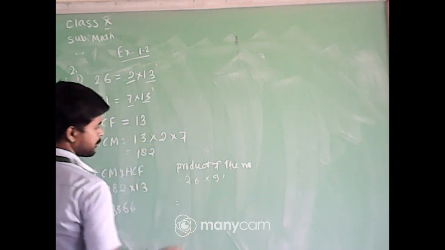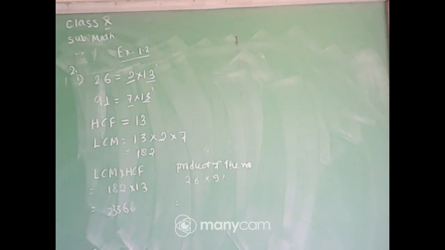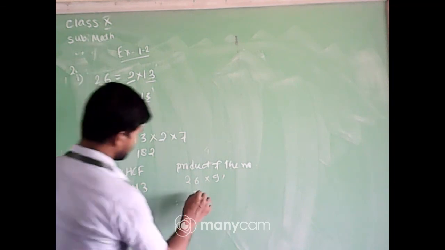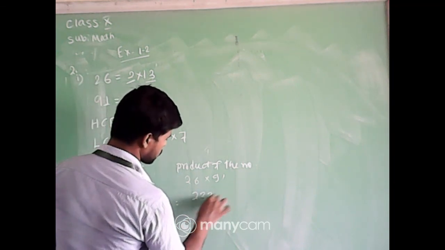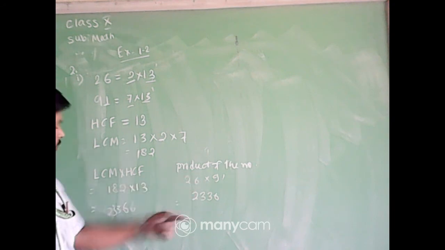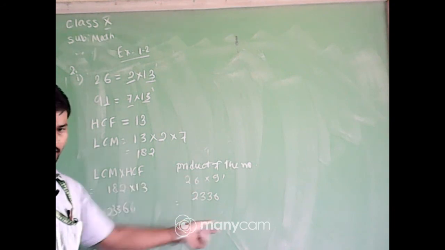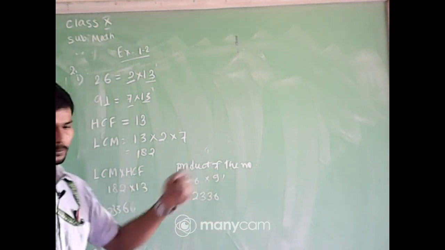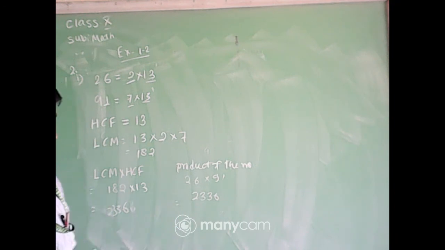The result will be the same, 2366. That means LCM into HCF is equal to the product of the numbers, and hence verified.